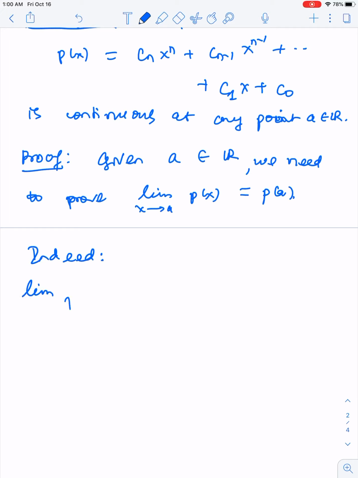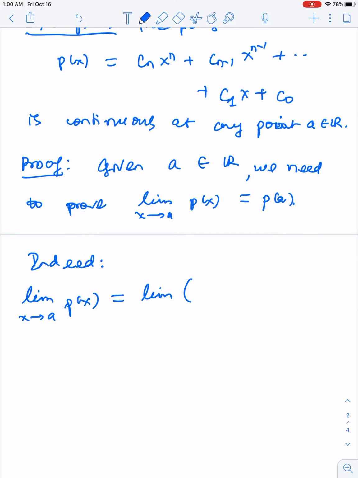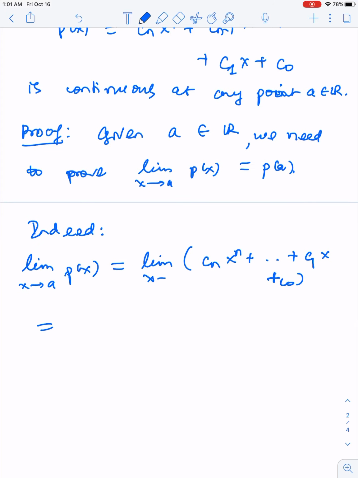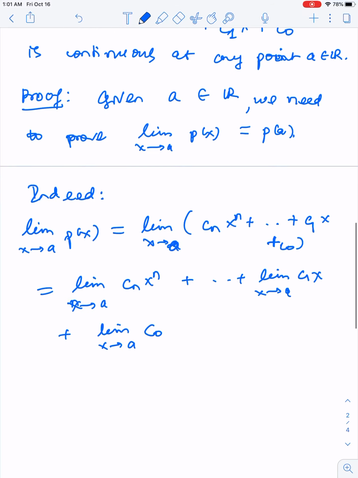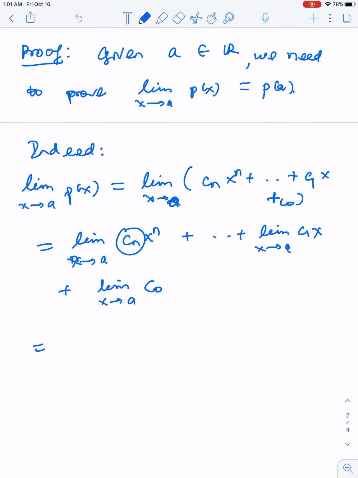So the limit of p(x) as x approaches A will be equal to the limit of c_n x^n plus and so on, c_1 x plus c_0, and you can use the rule of sum of limits. The limit of a sum equals the sum of limits, so it's equal to the limit of c_n x^n as x approaches A, plus and so on, plus the limit of c_1 x as x approaches A, plus the limit of c_0 as x approaches A. And now the limit of a constant times some function equals the constant times the limit.